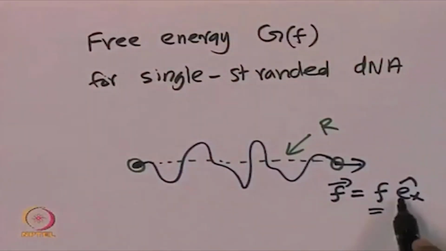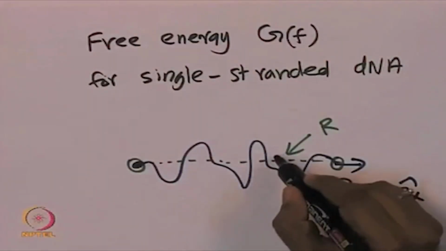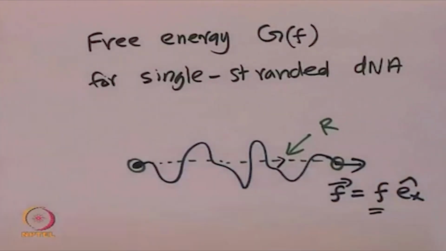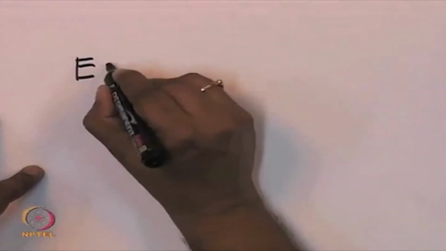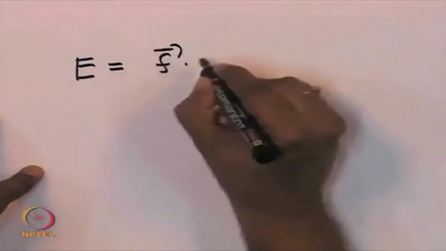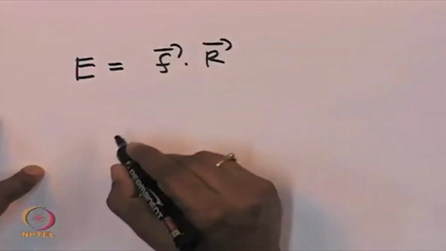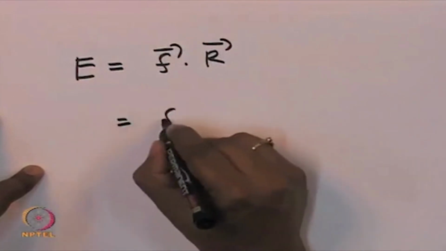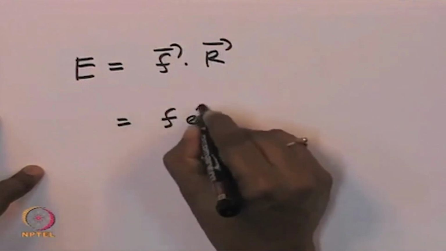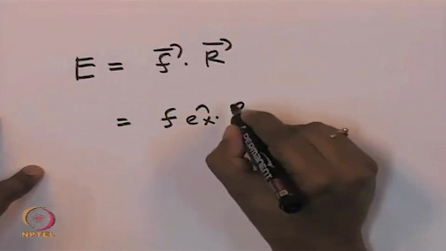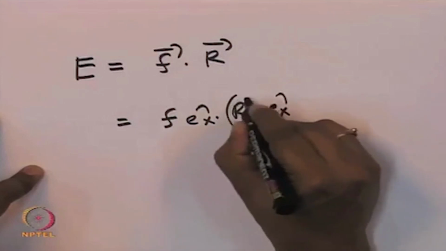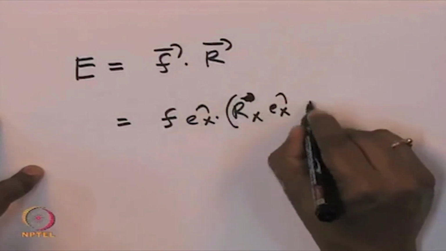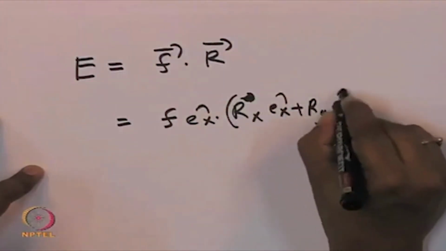So, look at this diagram. I said that the force is in the x direction and r is a vector in this direction. So, the work done for pulling, the energy for pulling, is basically force into the distance r. So, this is basically F e_x dot r. r can be thought of as r_x e_x plus r_y e_y plus r_z e_z.